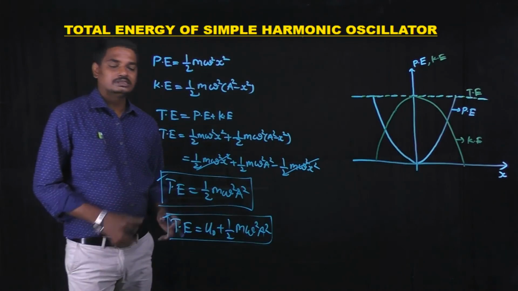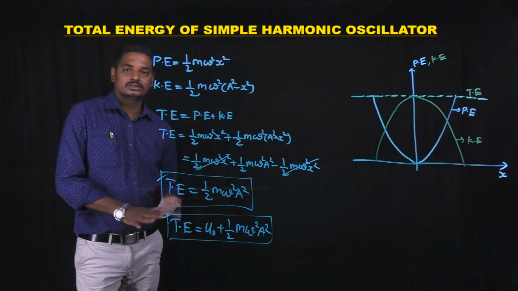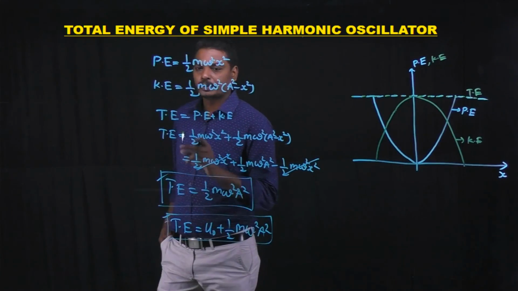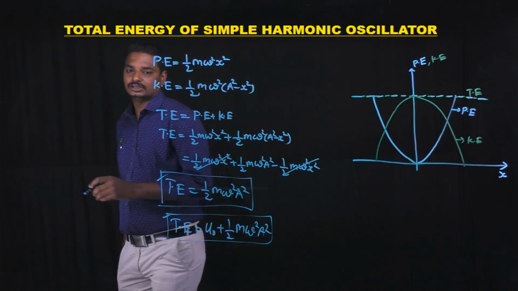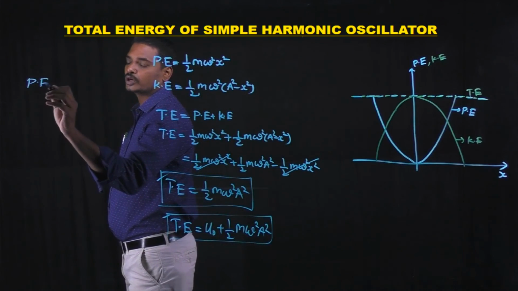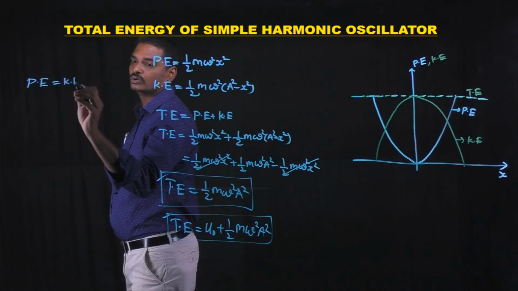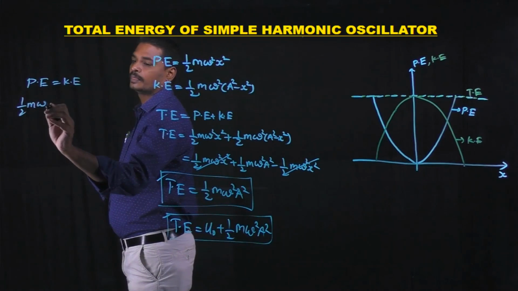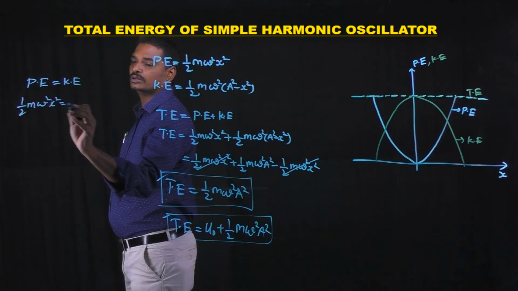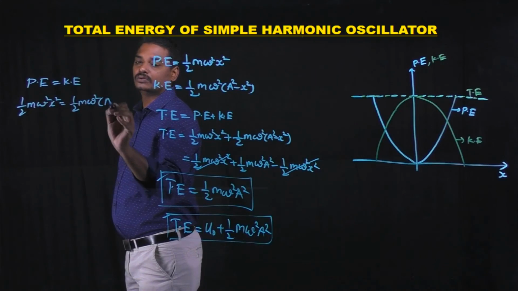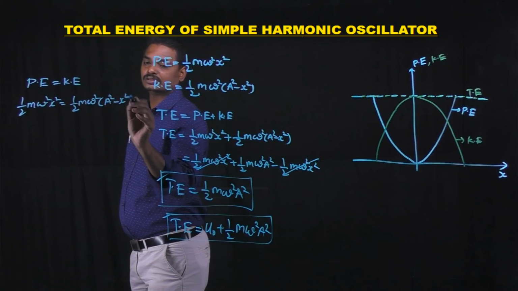So in some of the cases, students, problems will be asked like this: what is the displacement at which the potential energy is equal to the kinetic energy? If potential energy is equal to kinetic energy, which means half m omega square x square is equal to half m omega square into a square minus x square.